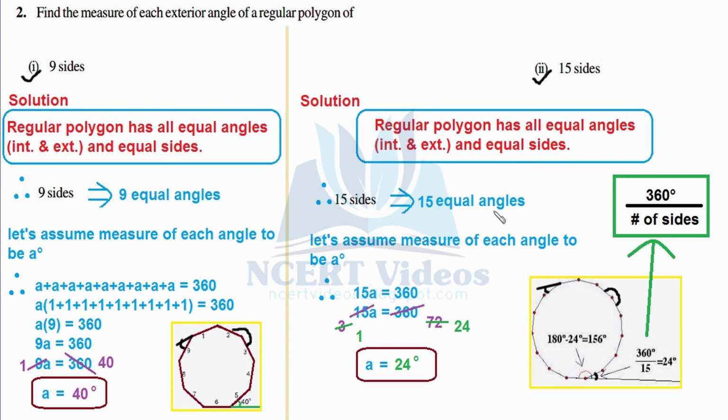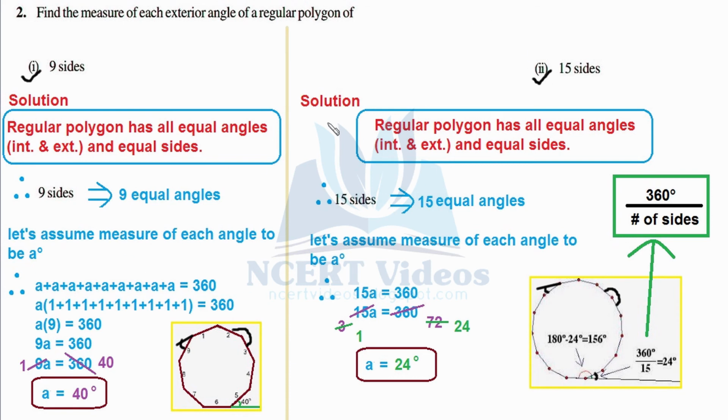Important thing to learn from this question is this. What is happening in the last part of the equation in each solution? We are having 360 and we are dividing by the number of sides in order to get measure of each exterior angle. Let's consider here. 360 is getting divided with 9 and here 360 is getting divided with 15. 15 and 9 are the given sides to us.